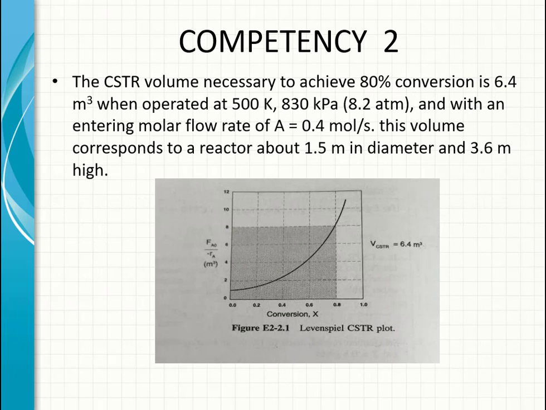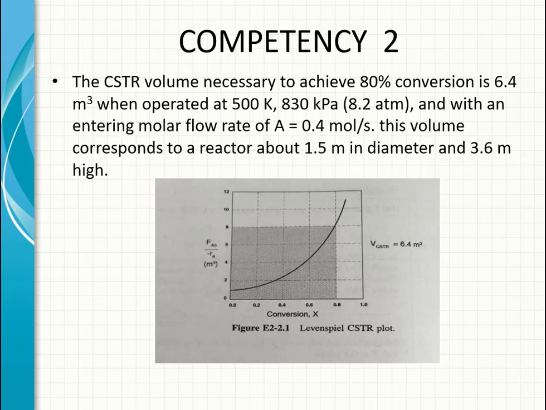And here we have that the CSTR volume necessary to achieve 80% conversion is 6.4 cubic meters when it's operated at 500 Kelvin, 830 kilopascals, and with an entering molar flow rate of 0.4 moles per second. This volume corresponds to a reactor about 1.5 meters in diameter and 3.6 meters high.